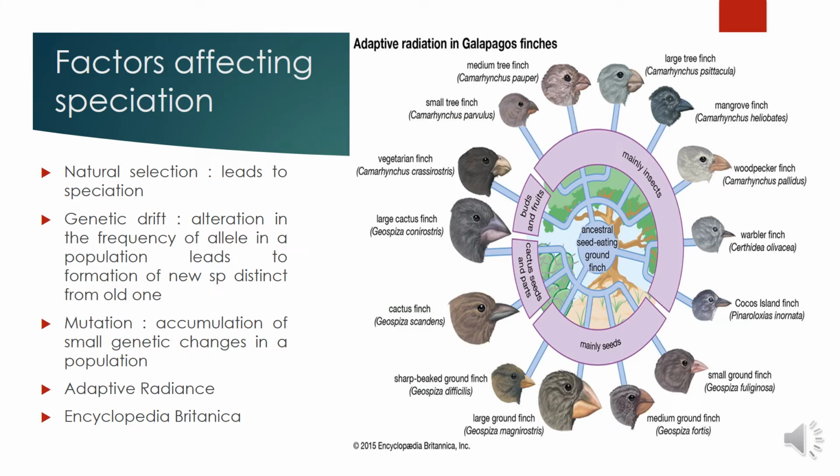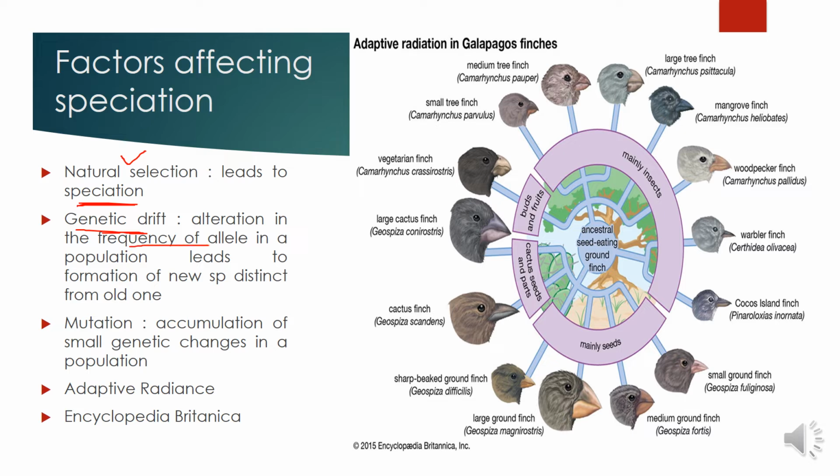Now, the factors that affect this are natural selection, because if you are not able to adapt to a particular environment, then you perish. So only those organisms that have an altered frequency of their alleles will be naturally selected to live in that particular environment, and this altered frequency of alleles is called genetic drift.